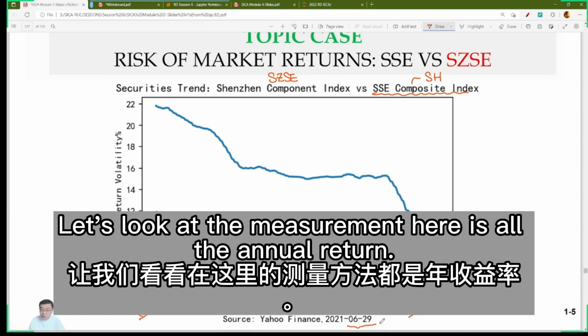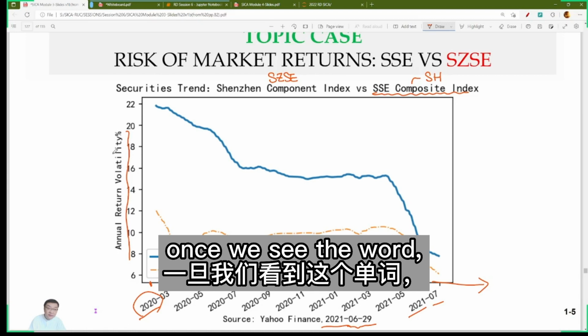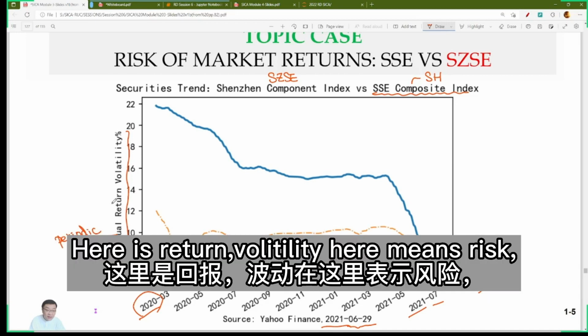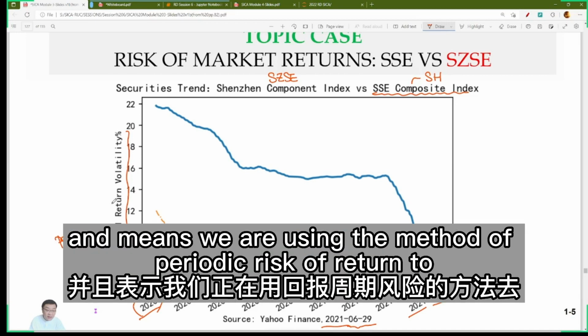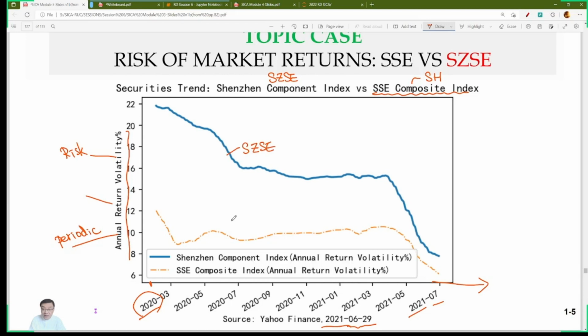Here, let's look at the measurement. Here is called the annual return volatility. Once we see the word annual, it means we are using a periodic method. Here is return volatility. Here means risk. That means we are using the method of periodic risk of return to do the comparison, right? This one is Shenzhen. This one is Shanghai.